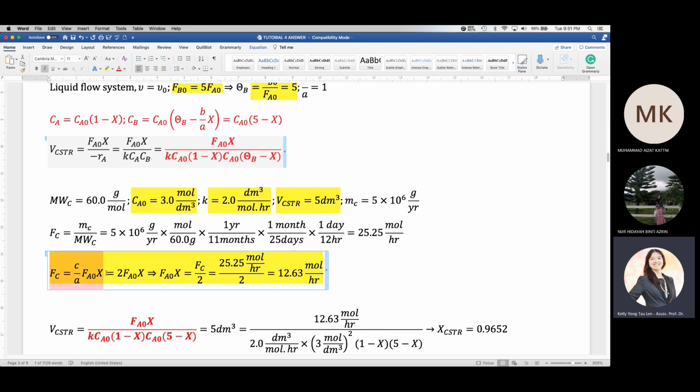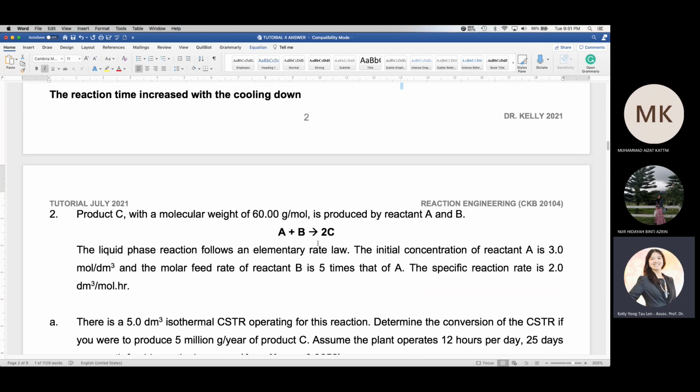Kalau part ni kamu tak ingat, kamu kena tengok chapter 3. Okay, equation yang berkaitan dengan benda ni. Okay, so then C per A ni stoichiometric coefficient ratio, which is from the question C per A adalah 2. Okay, maksudnya FC sama dengan 2 FA0X. Okay, 2 ni tengok dalam equation, C per A is 2.